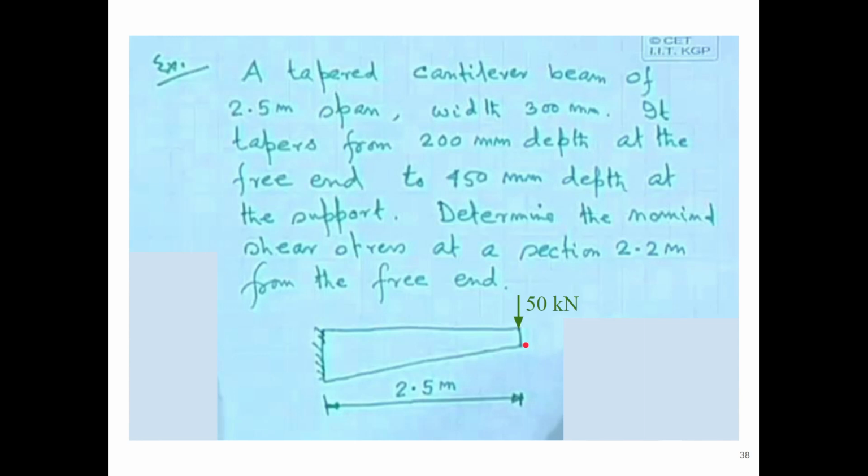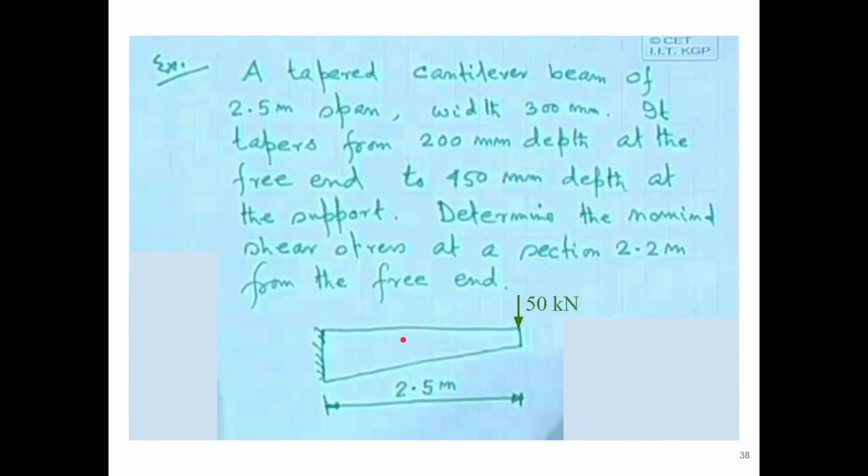So the width is 300 mm, the span is 2.5 meter, and it tapers from 200 millimeter depth at the free end to 450 millimeter depth at the support. Determine the nominal shear stress at a section 2.2 meter from the free end. At this section we need to find the nominal shear stress.